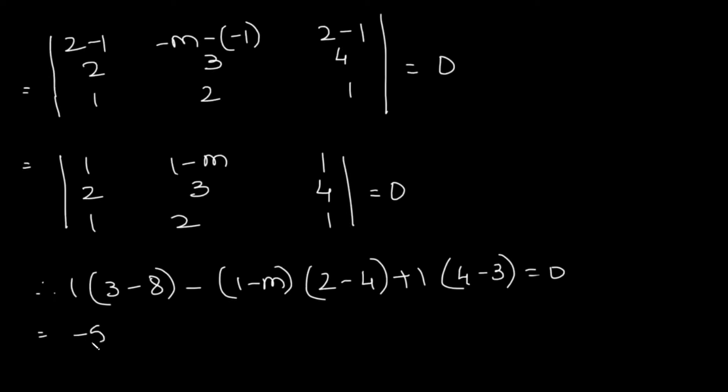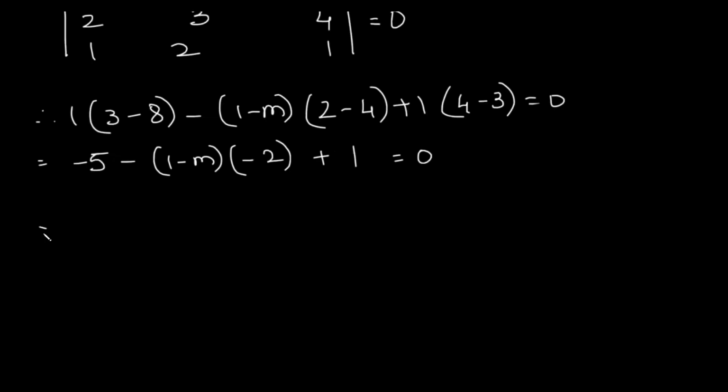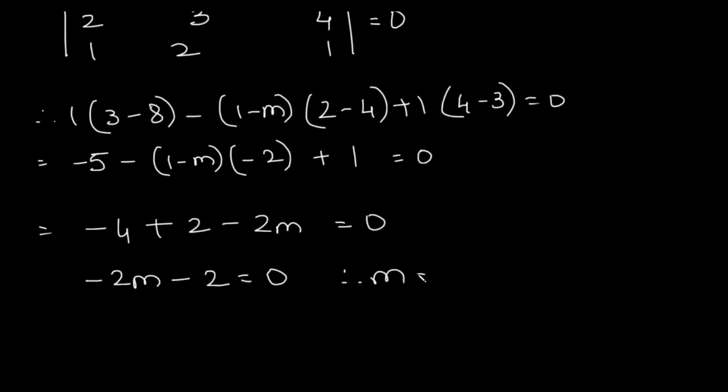So we get minus 5 minus (1 minus m) into minus 2, plus 1, that is 0. Then opening the brackets: minus 5 plus 1 is minus 4, minus 2 into minus 1 is plus 2, and minus into minus plus m into minus 2 is minus 2m, equal to 0. And therefore m becomes minus 1.